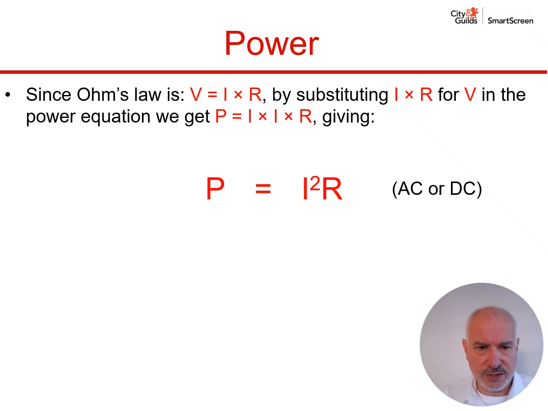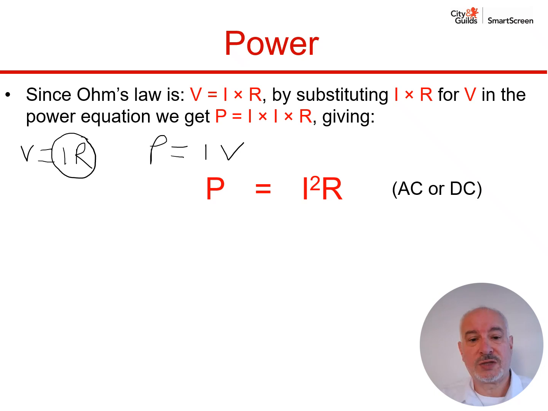But what I'm going to do is try and draw out for you that process that I've just done and see if it makes more sense. So we've got V equals IR, there's your Ohm's law formula. And we're going to take the right hand side of the formula, I times R, and use that. I times R is the same as V. That's what Ohm's law is telling us. They're the same value. So now think about the power formula, P equals IV.